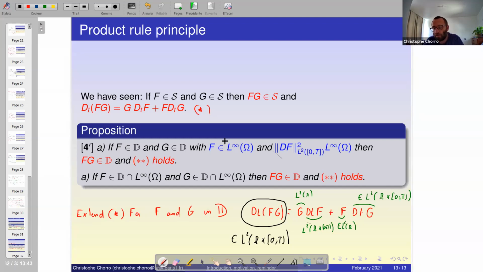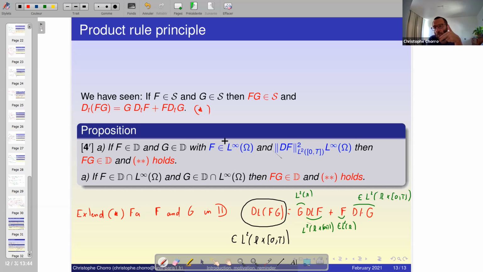So to summarize, we started with the elementary random variable definition of the derivative in the Malliavin sense for these elementary random variables. I have proved that it has a link with the directional derivative in the sense of the Cameron-Martin space, in order to show you that this derivative is not coming from nowhere.